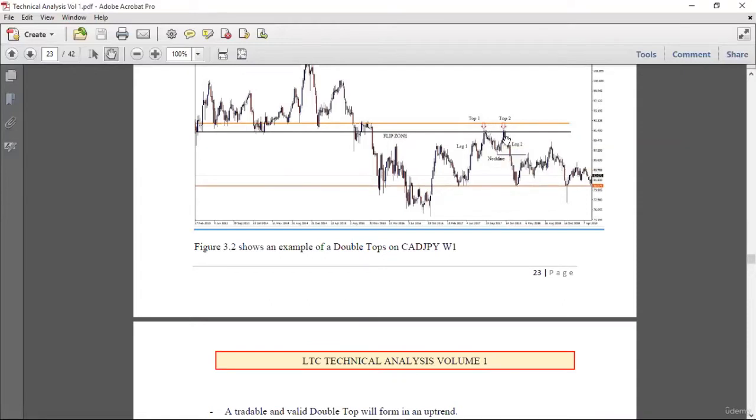If this one is rejecting a little bit lower, the number of pips here will be smaller than the number of pips here, because this high is lower compared to that one. The number of pips in the second leg will be lesser compared to the first leg.